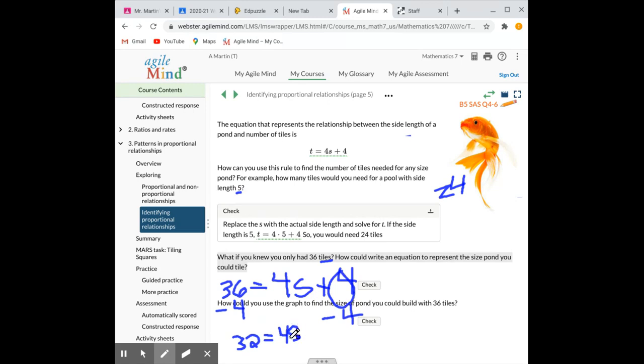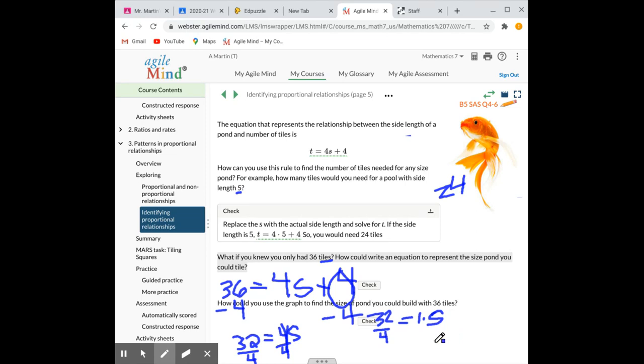So if I want to get s all by itself, I have to undo multiplication. What would undo multiplication? Division. Correct. So I have to divide by 4 on both sides. So dividing by 4 here makes 1, and 1 times s is what? How many s's? If you multiply anything by 1, it's just itself.